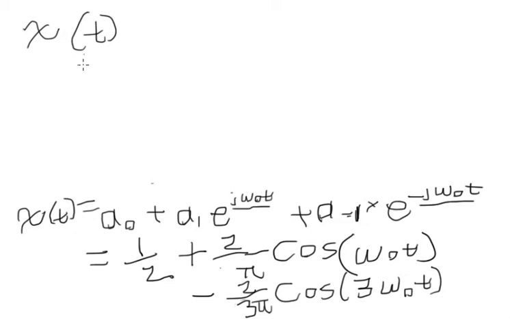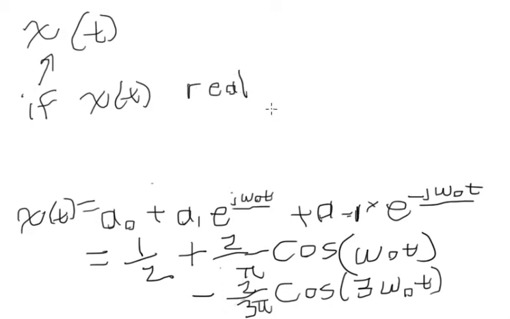So we'll say if x of t is real, it's not too hard to show yourself that the Fourier series coefficients will have a certain kind of symmetry. So a minus k is going to equal a_k with a complex conjugate.